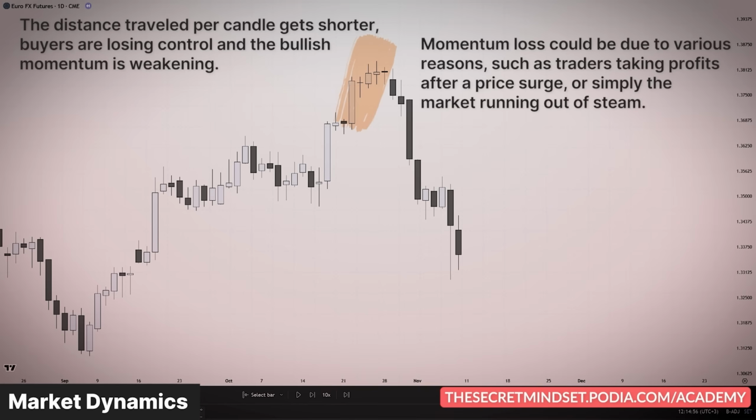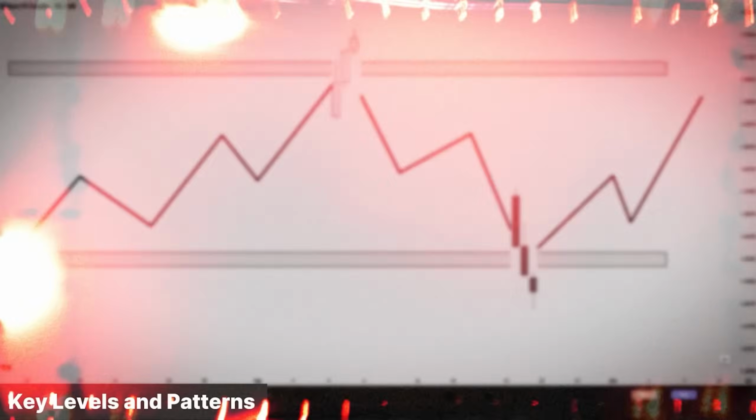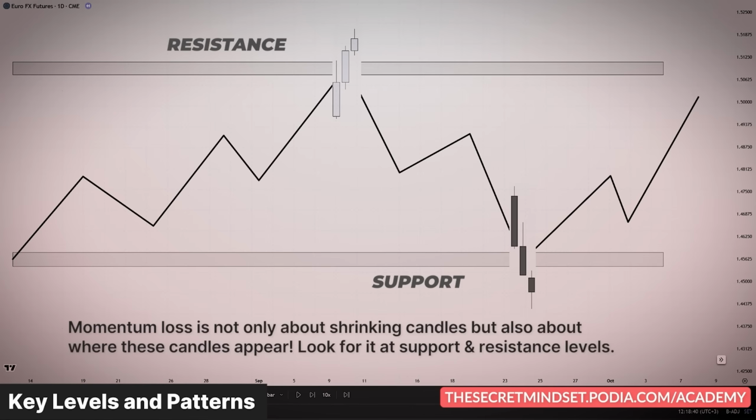This shift could be due to various reasons, such as traders taking profits after a price surge, or simply the market running out of steam. When buyers begin to pull back, the supply may start to match or exceed the demand, leading to smaller price movements. Momentum loss is not only about shrinking candles, but also about where these candles appear.